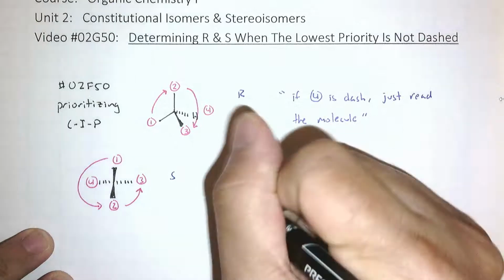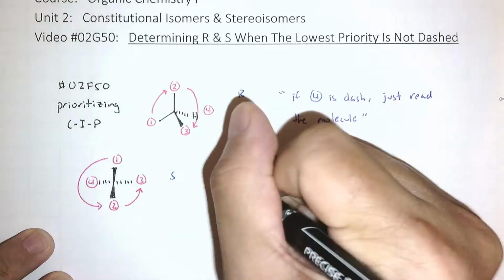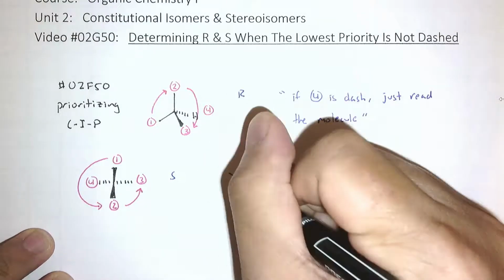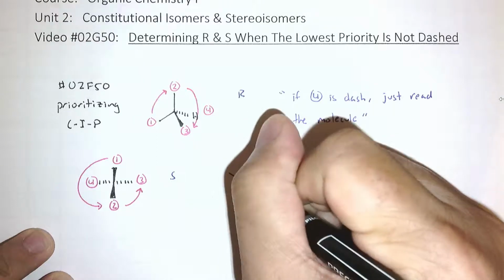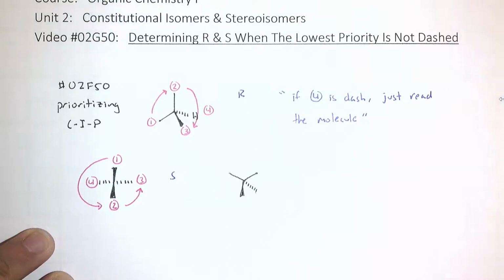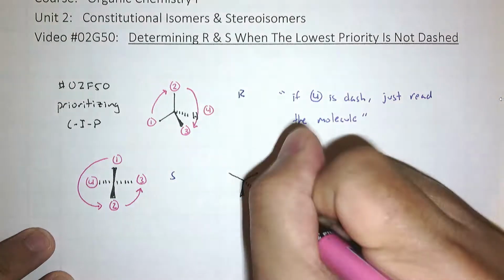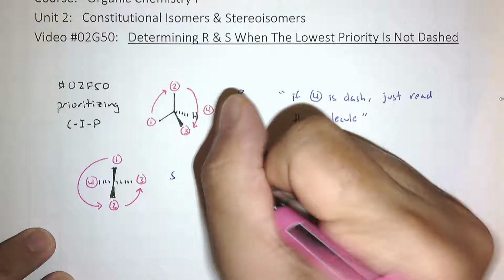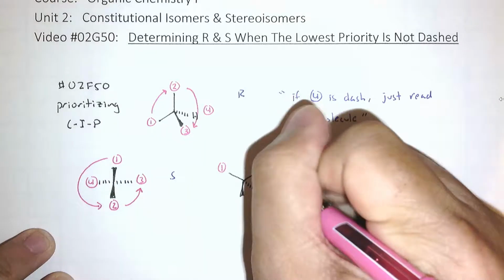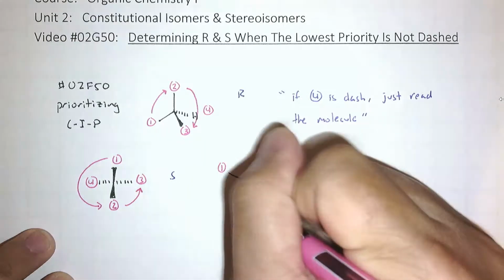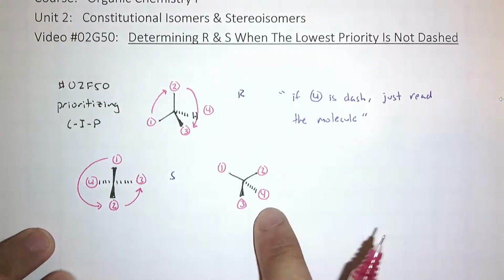What's one more way that we could see a chiral carbon with dashes and wedges? We could see the chiral carbon like this. What about that? Again, let's make the dash priority number 4, and arbitrarily, randomly put 1, 2, and 3 somewhere on the 3 bonds. And again, priority number 4 is a dash.